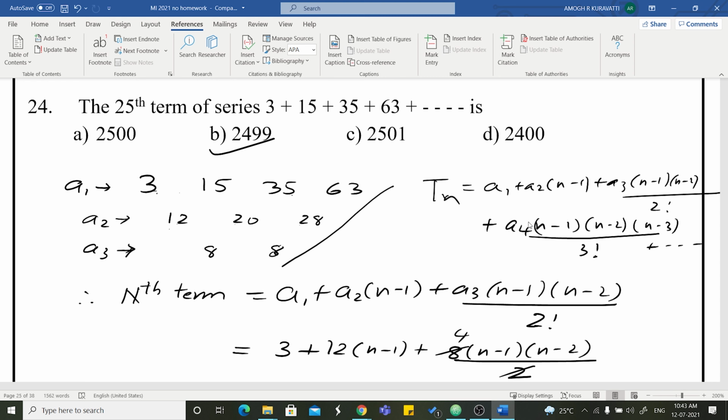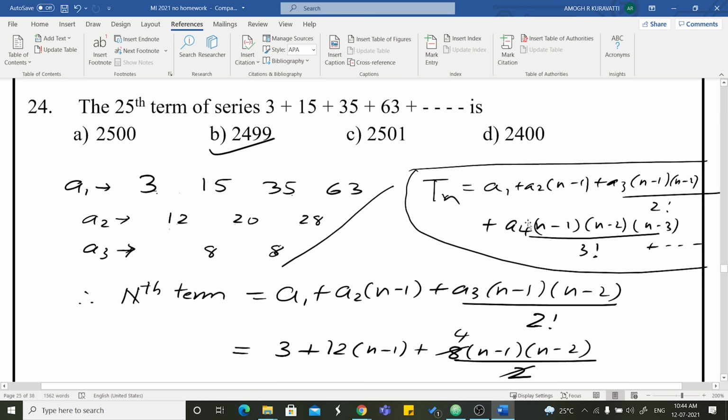Okay. This is the nth term formula. So the option is B. Okay, students.